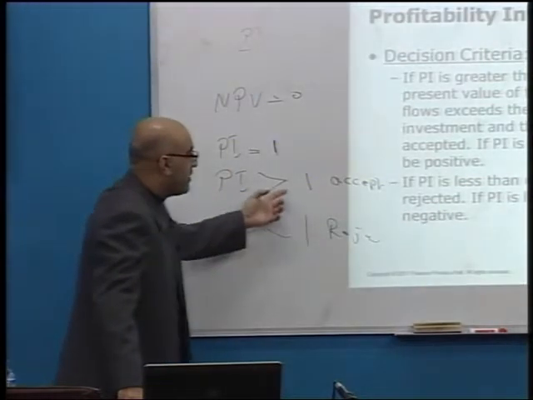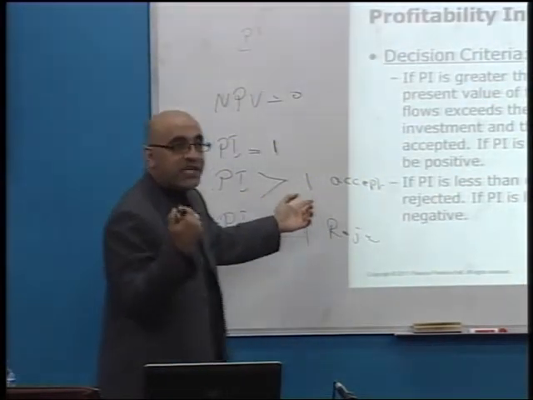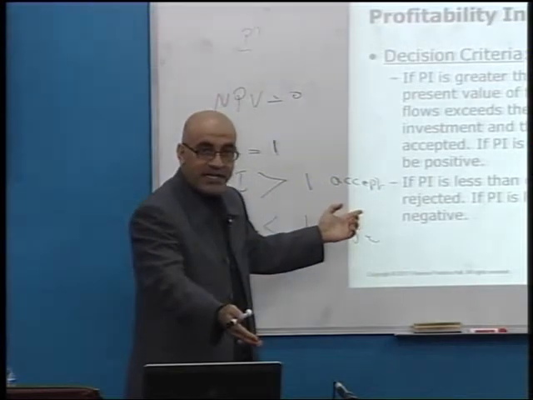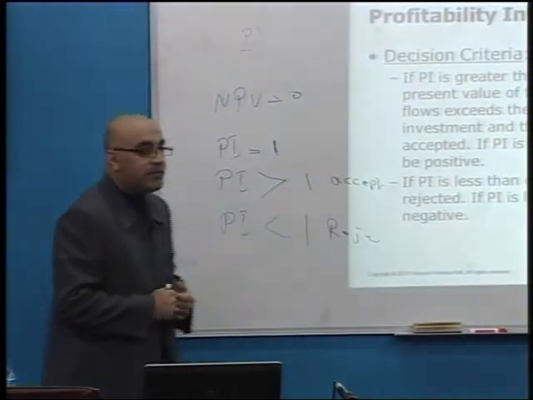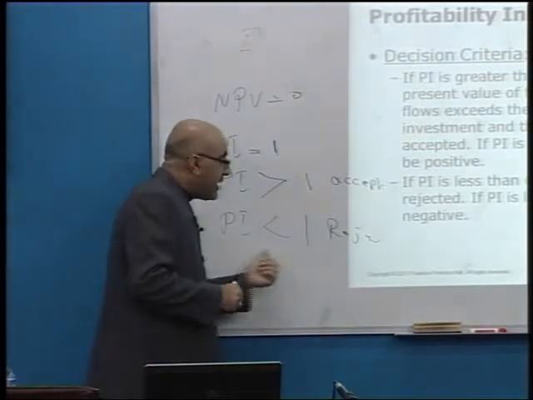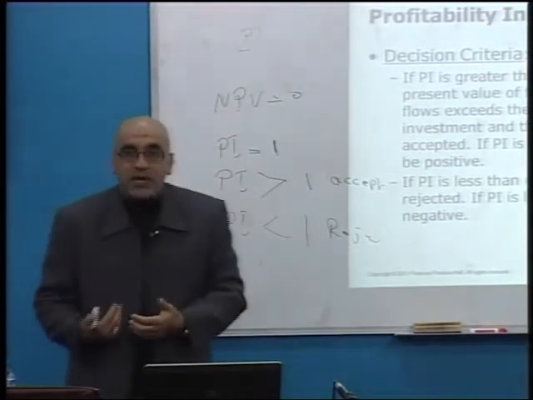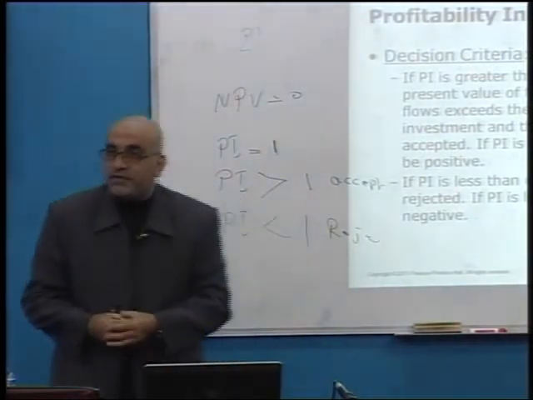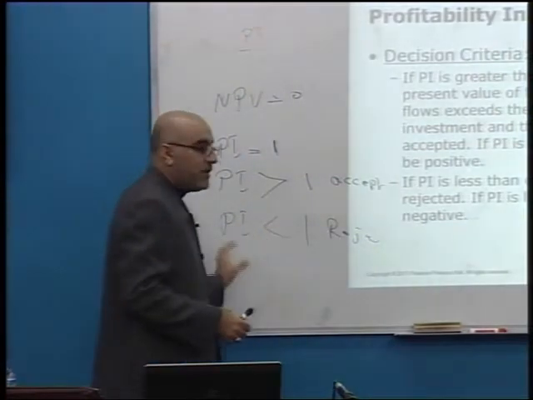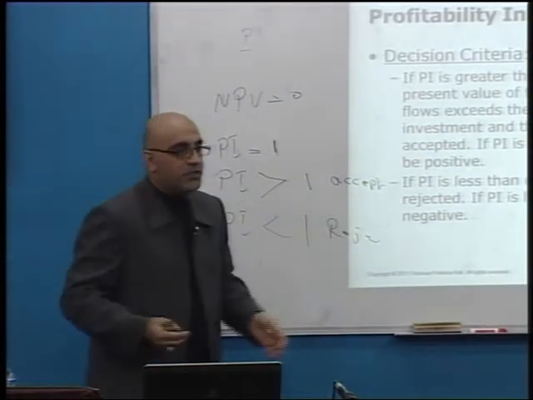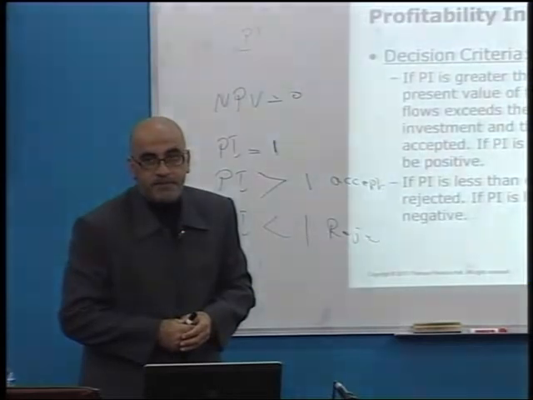If PI is greater than 1, it means the cash inflows are greater than the initial cash outlay, so we accept the project. If the PI is less than 1, it means the initial cost of the investment is greater than the cash inflow, and in this case we reject the project.